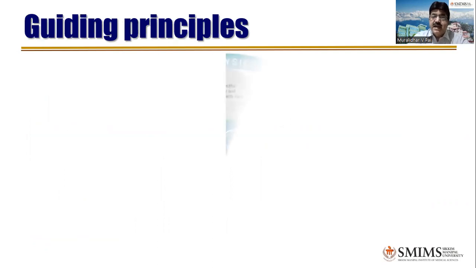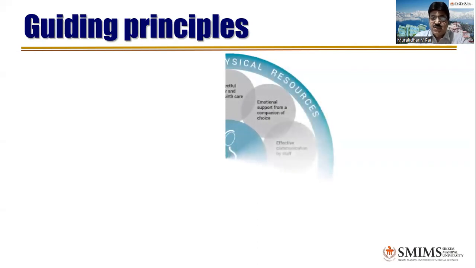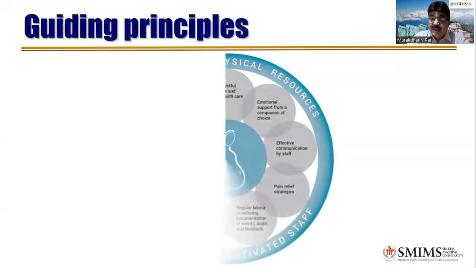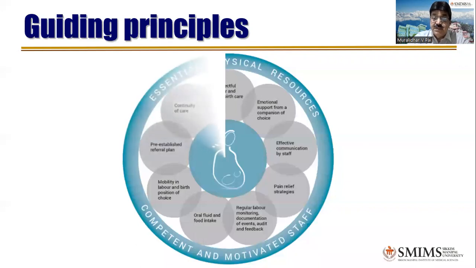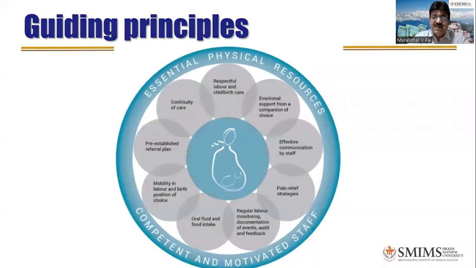Guiding principles, of course, to summarize what I said so far, are emotional support from a companion of choice, effective communication by staff, pain relief strategies, regular labor monitoring, documentation of events, audit and feedback, oral fluids and food intake, mobility in labor and birth positions of choice, pre-established referral plan, and continuity of care, and finally, respectful, positive labor and childbirth care or experience.